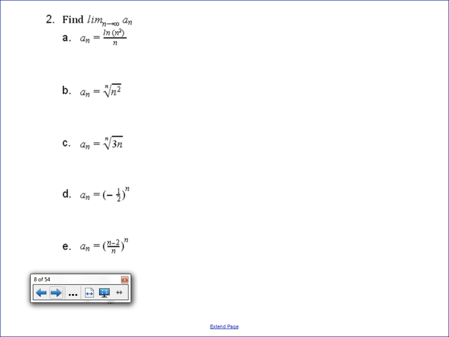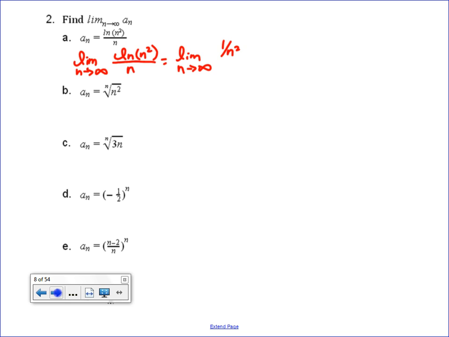Who's slower, or who's bigger if I go to infinity? And if you didn't believe me, what could you do on this one? You could do L'Hopital's: 1 over n squared times 2n all over 1. Well, even though it's n squared, still perfect. You got it. 0.